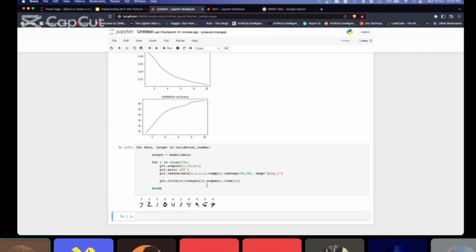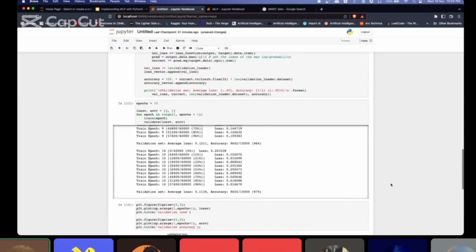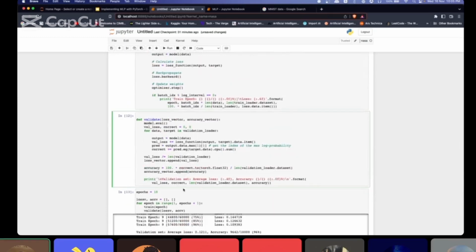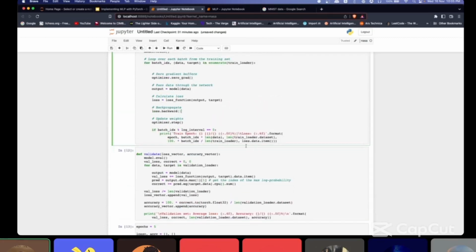Now let's do a small experiment over here. I'm going to reduce the number of epochs so that we don't waste a lot of time. I'm going to disable the calculation of the gradient, the backpropagation, and the updating of the weights. So I just disable those two things. Right now I'm going to run everything all at once.